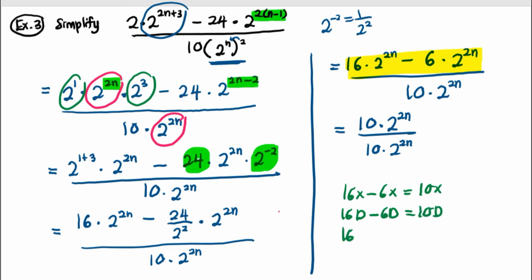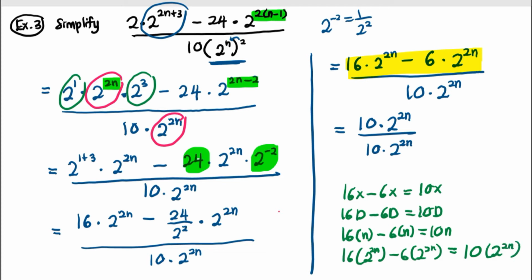If you have 16 multiplied with n minus 6 multiplied with n, of course you have 10n. In this case, we have 16 times 2 to the power of 2n minus 6 times 2 to the power of 2n. You just assume that 2 to the power of 2n is a variable, so of course you'll have 10 times 2 to the power of 2n. That's basically how I get it.